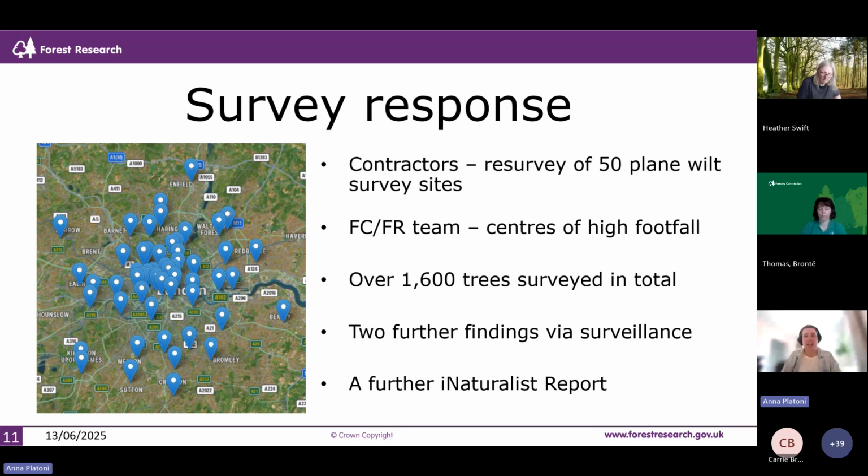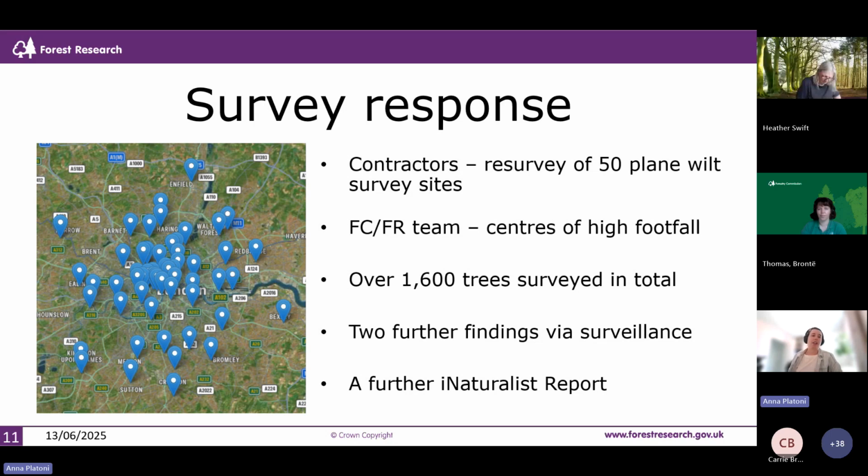In addition, FC and FR staff carried out surveys in highly trafficked areas. We didn't know how PLB had arrived here, but given its proven propensity to hitchhike, as we mentioned earlier, we prioritised areas of high footfall, including bus and train stations.